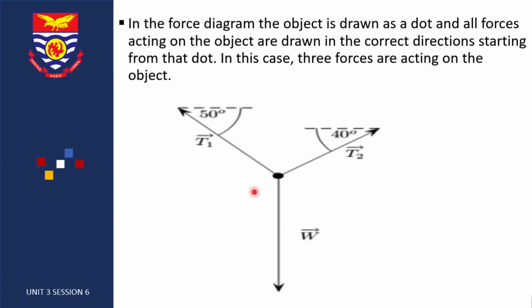So this is the object, and in the first rope we are going to get tension, which is a force. In the second rope we also have another tension, and the weight of the body, which acts vertically downwards.